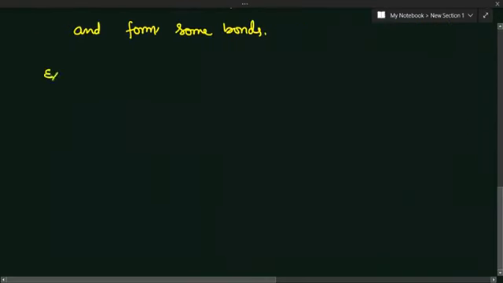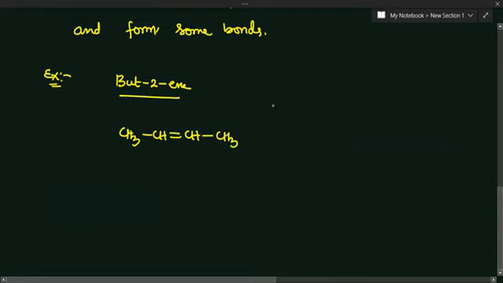The best example is but-2-ene. For example, but-2-ene, CH3-CH=CH-CH3. This we can represent in two different ways.